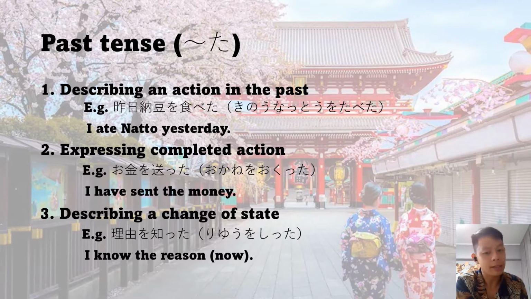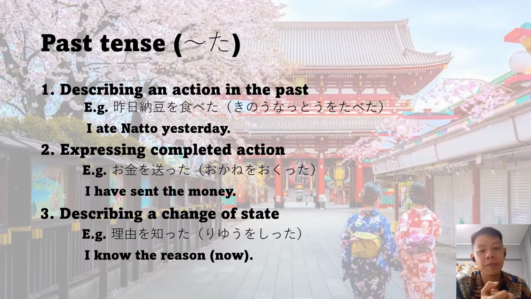Before, I didn't know the reason, but now I know the reason. Because there's a change of state from not knowing to knowing, you use the past tense to describe this sentence. 理由を知った can be translated to I know the reason now. But if you were to use your English brain to translate 理由を知った, you might think that that sentence means I knew the reason, which is in its past tense.